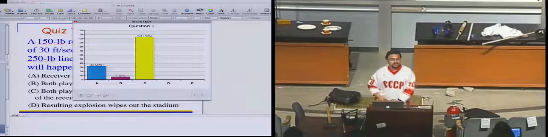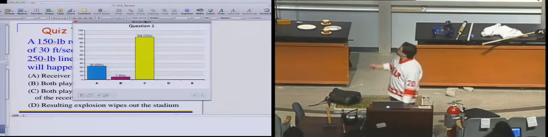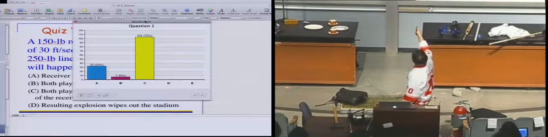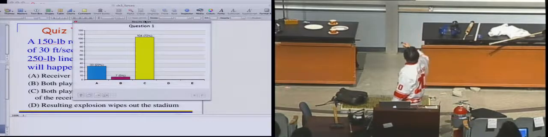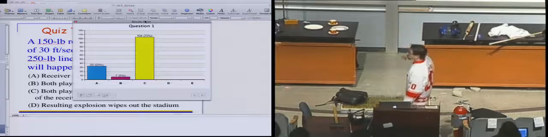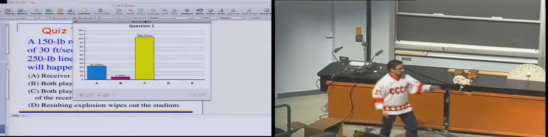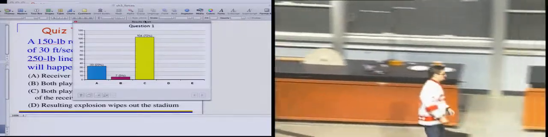Indeed, if you read the chapter, the correct answer, as 72% of you have indicated, is C. The total momentum in this collision will have to be conserved. So if the one person is standing still, it's like that chair with a ball.